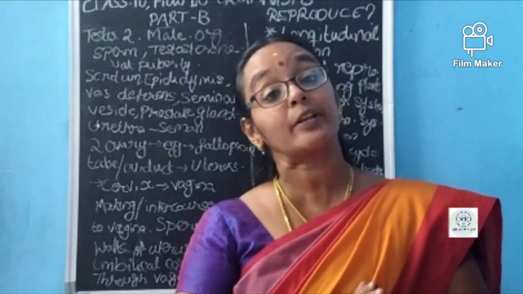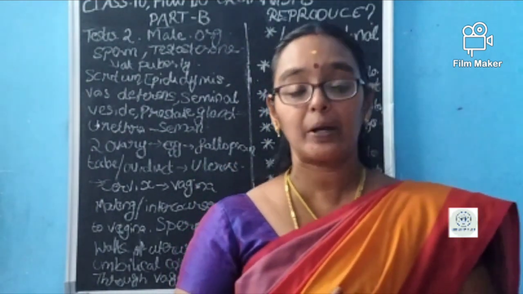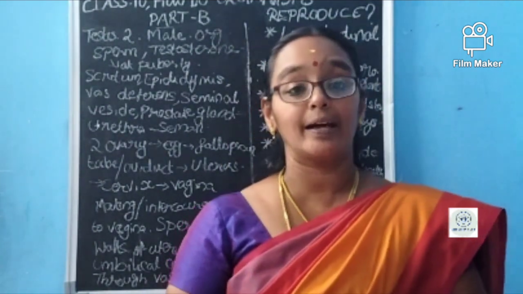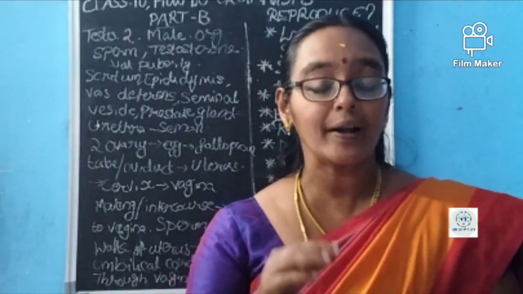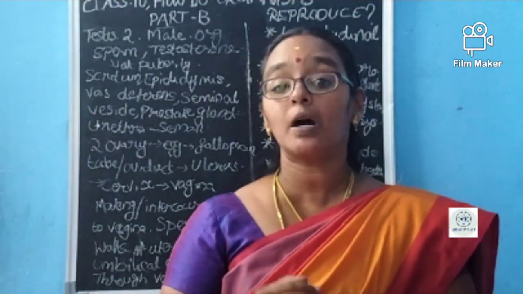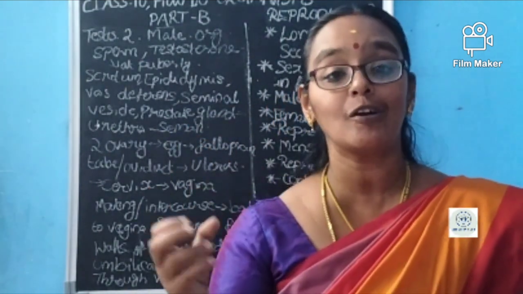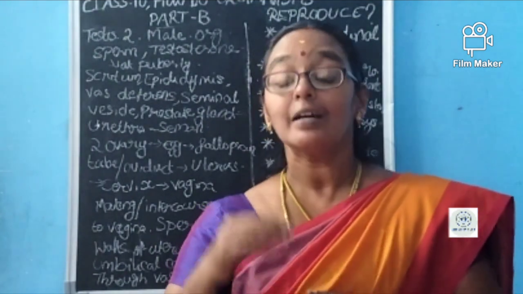What is the main reproductive organ for the male? It is called the testis, because the testis secretes sperm as well as a hormone called testosterone. What is the main function of the sperm? Sperm fuses with the matured egg to form a zygote, which results in an embryo, then the development of the baby occurs.